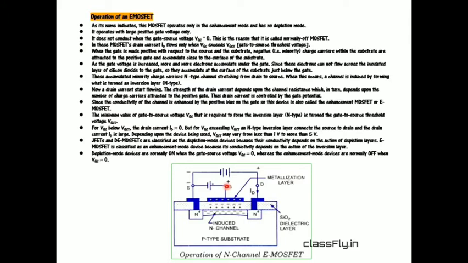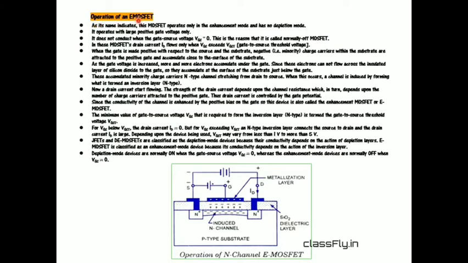When more and more positive charge is given to this gate, the induced channel forms, and that is why it is said that it electrically induces the channel. So let's read point-wise and get a brief, detailed operation of an EMOSFET.